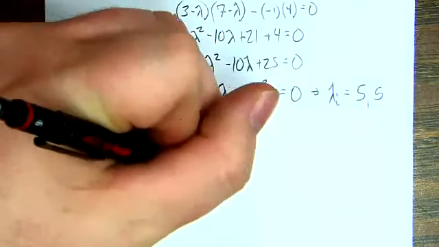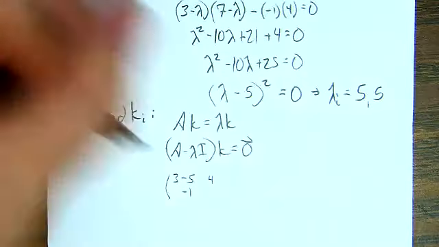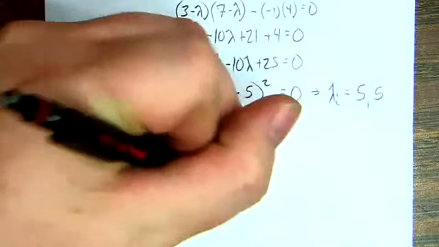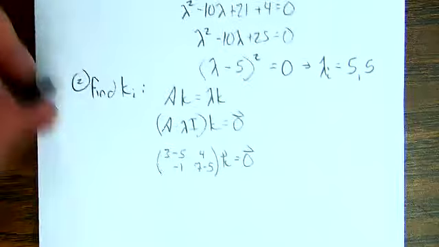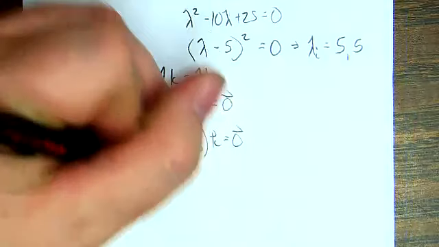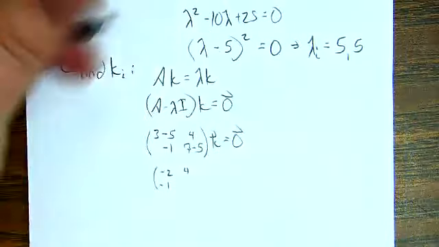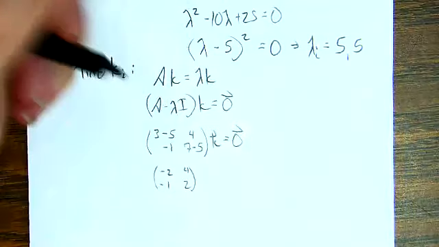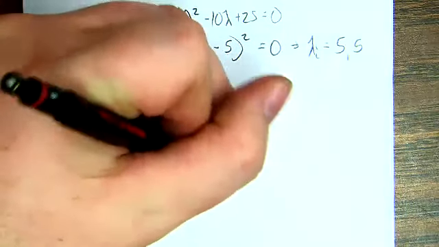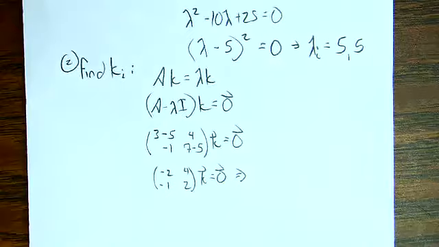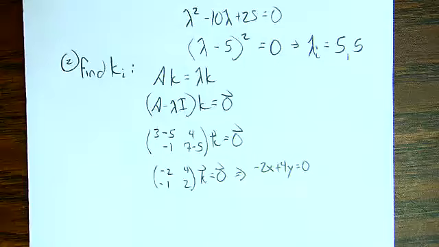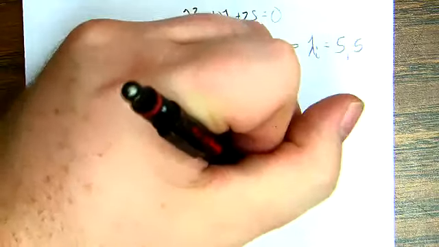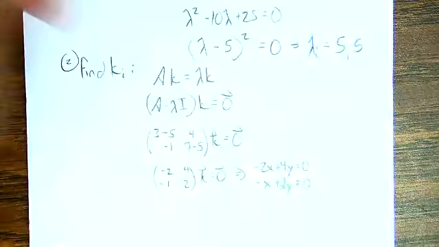[3 minus 5, 4; negative 1, 7 minus 5] k equals 0, which is [3 minus 5 is negative 2, 4; negative 1, and 2] k equals 0. This gives us the equations negative 2x plus 4y equals 0 and negative x plus 2y equals 0.